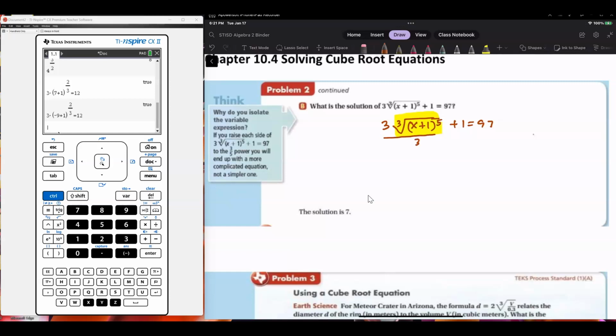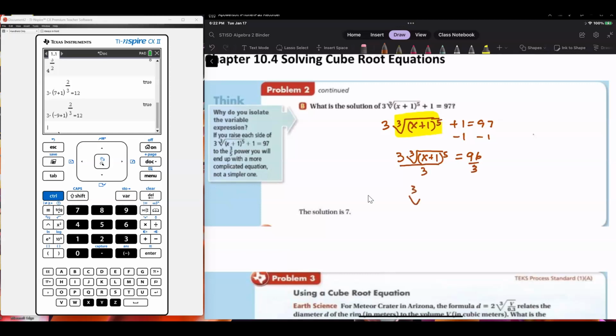Oh, no, I'm not going to do that first. I'm going to subtract 1 from both sides. So you have 3 times the cube root of x plus 1, raised to the 5th power, equals 96. And you see how I subtracted 1? Now I'm going to go ahead and divide by 3.